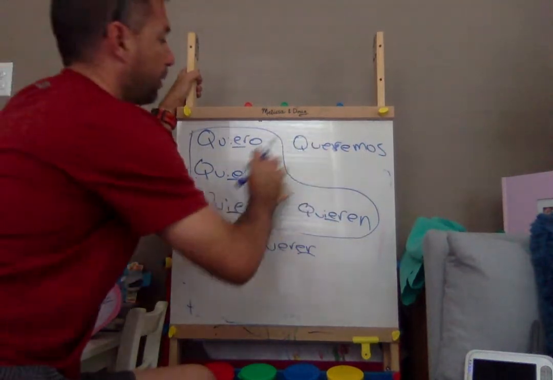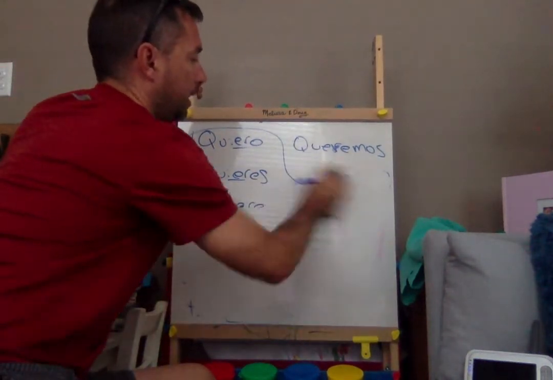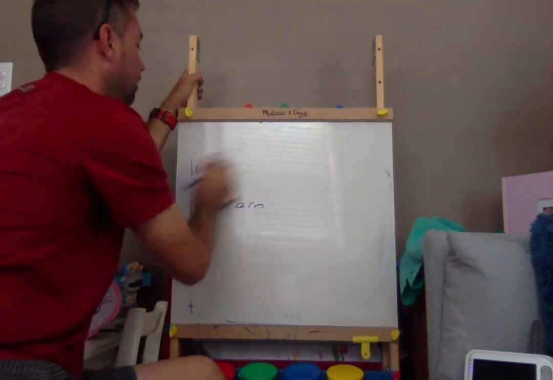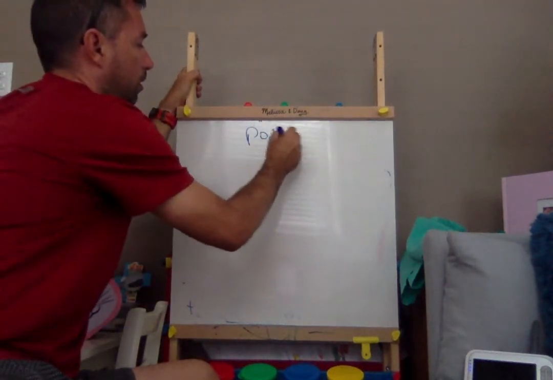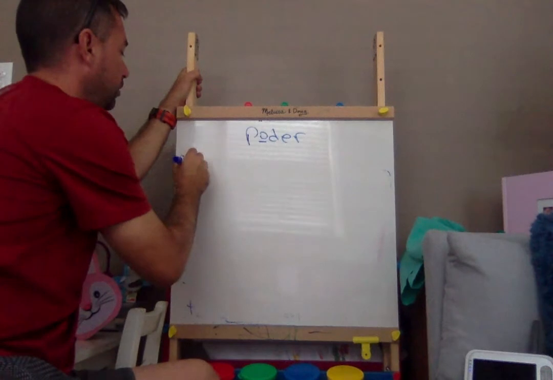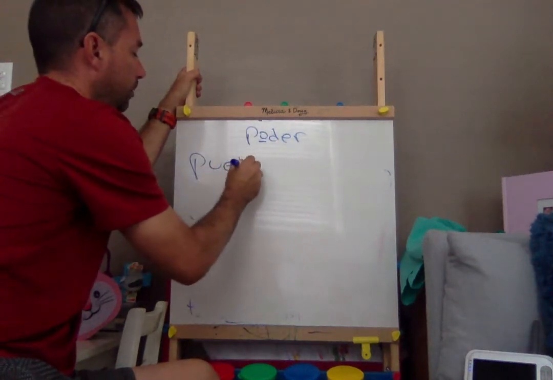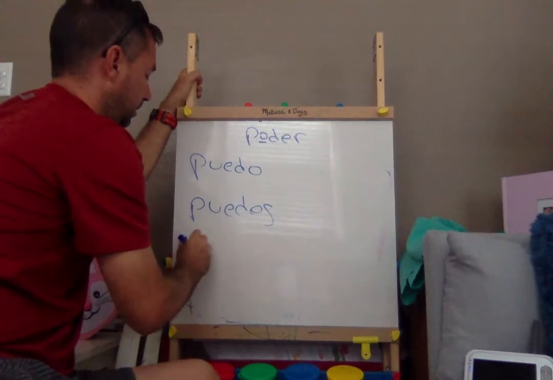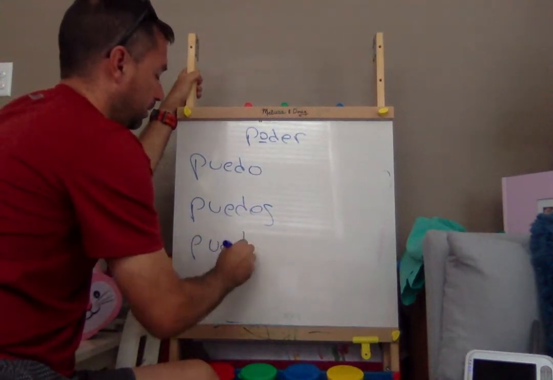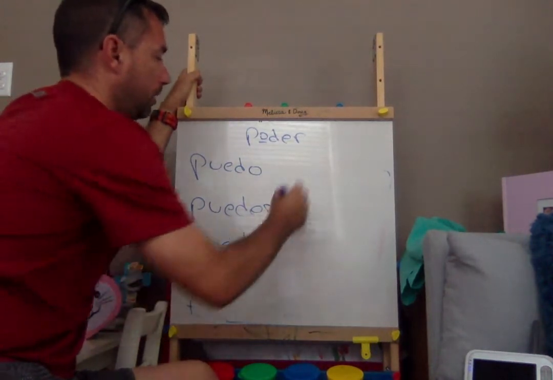The other word that we're going to do is to be able to, which is poder. That O is going to change to UE in the present tense, so it'll be yo puedo, tú puedes, he or she, ella puede.